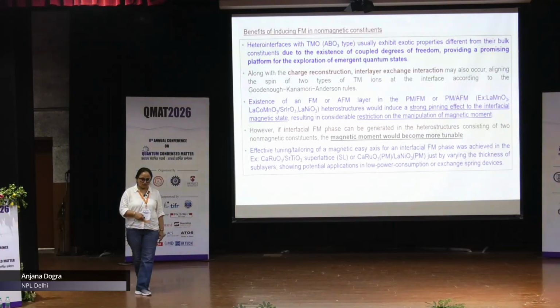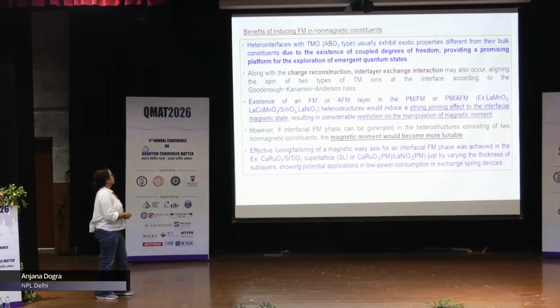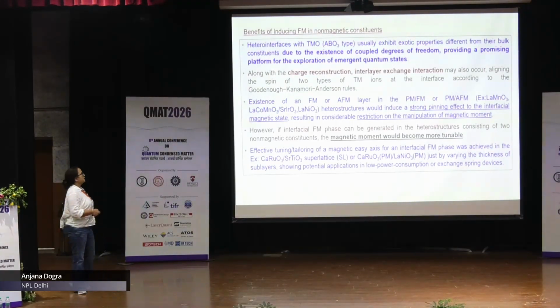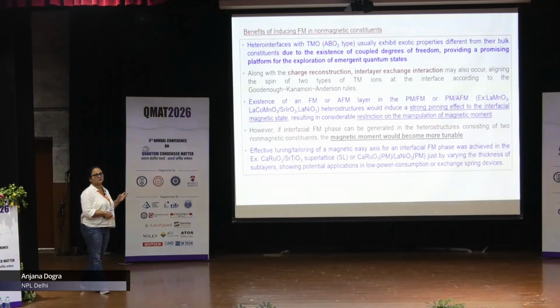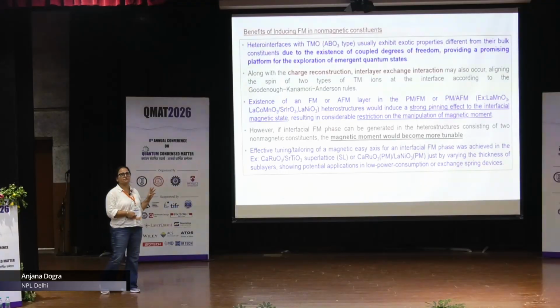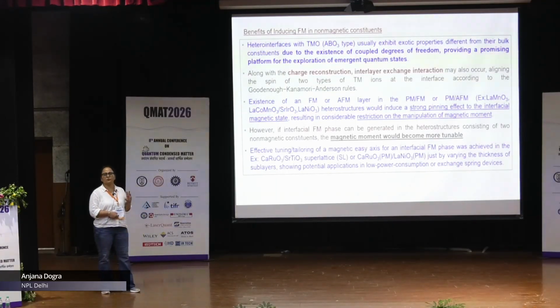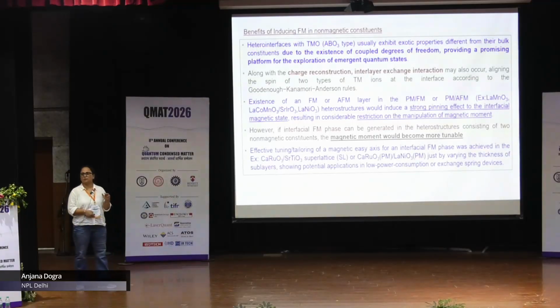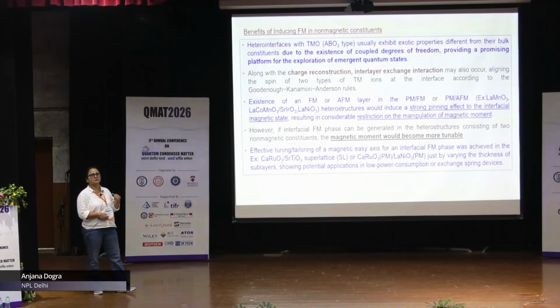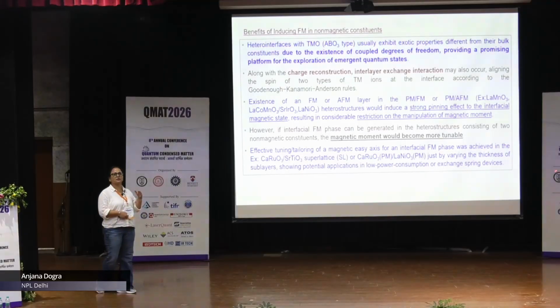Starting with the introduction, why do we want to induce ferromagnetism in such layer structures? When I am talking about these layer structures, their constituents are not ferromagnetic layers, they are paramagnetic layers. So why are we interested in creating ferromagnetism at the interface of paramagnetic layers?